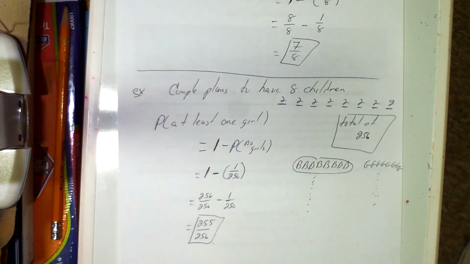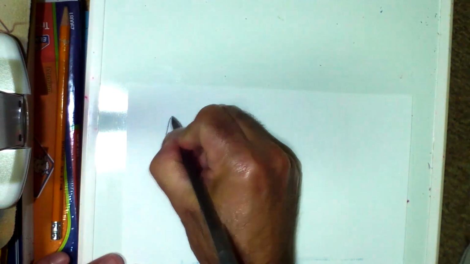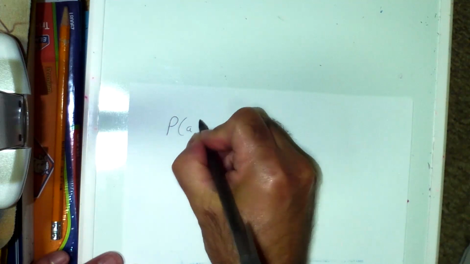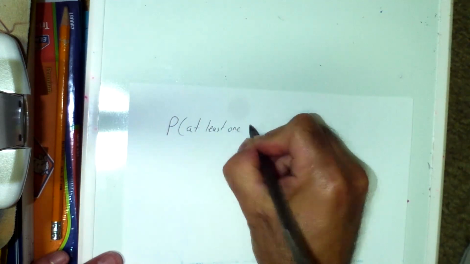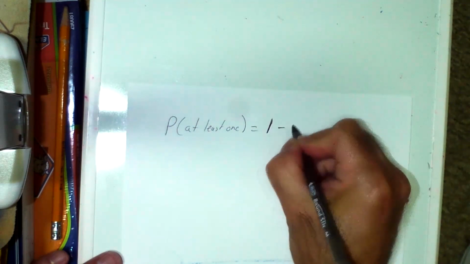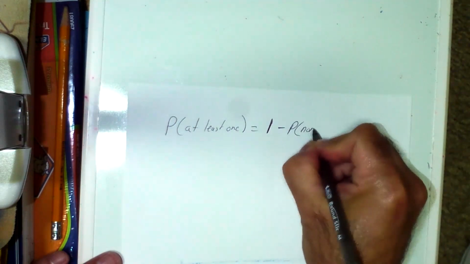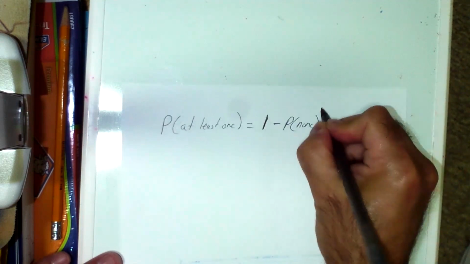All right, so now that you know the pattern, I can show you the main formula for the at least one probability. So here is the official formula: the probability of at least one is equal to 1 minus the probability of none, raised to the nth power.